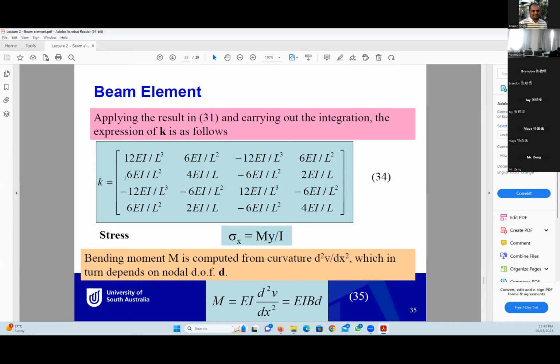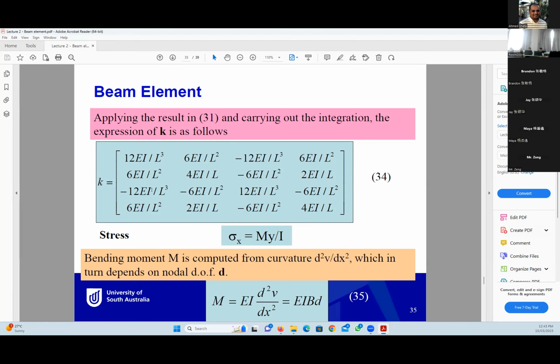For the second row, we have 6EI by L squared, 4EI by L, negative 6EI by L squared, 2EI by L. As you can notice here, we have 4EI by L and here 2EI by L, so the value in column 4 is half of the value in column 2.